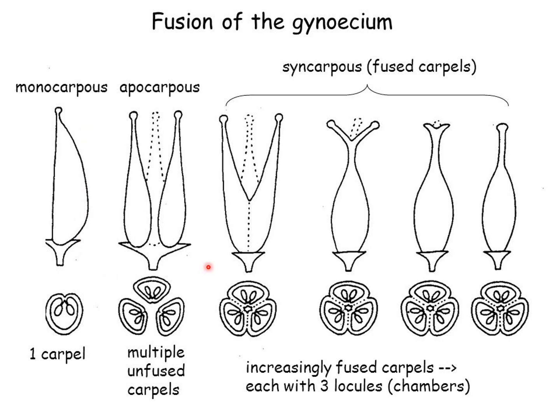If one flower is composed of many carpels but they are not fused, we call it apocarpous. So these are the 3 types of gynoecium: the first monocarpous, second apocarpous, and the third syncarpous.